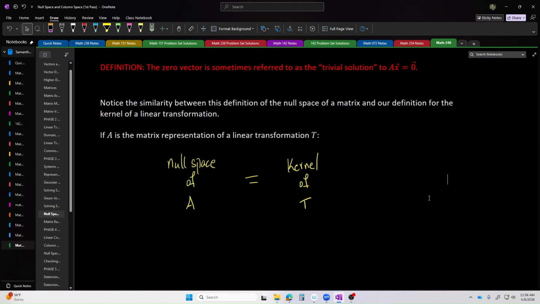So if we can take any concept, every concept, and rewrite it and express it in matrix form, then that allows us to deal with those concepts most efficiently. So we can represent transformations as matrices, and we can also represent kernels of transformations as null spaces of matrices. And so dealing with this is going to be easier and faster from a computing point of view.